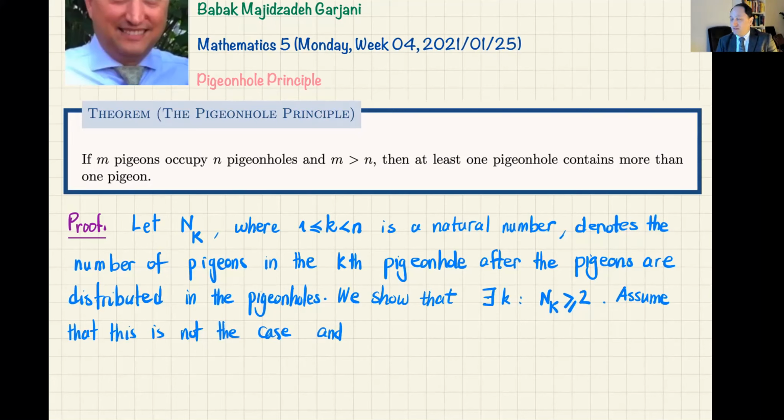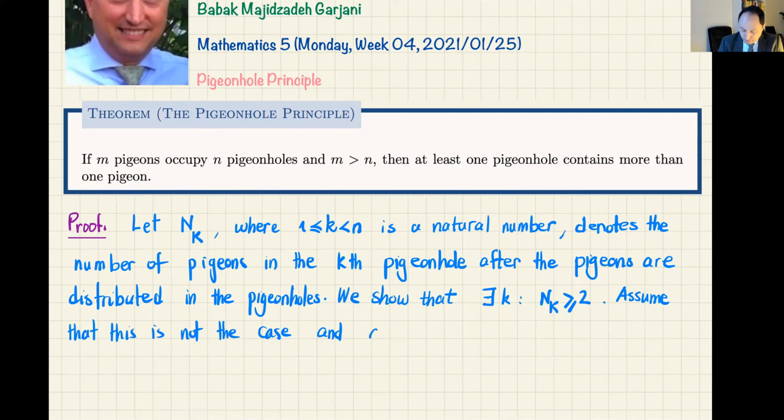But of course, this is mathematical logic, so it doesn't need that you have that course before. But what is the negation of this statement? I want to say that there exists at least one pigeonhole containing 2 or more pigeons. All pigeonholes have less than 2 pigeons. Yes.